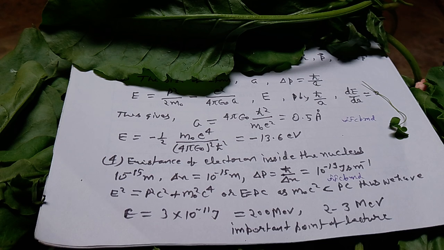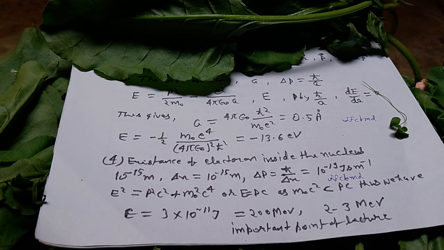The product of the uncertainties associated with these variables, that is delta x, delta p sub x, and delta E into delta t, is of the order of Planck's constant h, that is delta x into delta p sub x greater than or equal to h cut, or delta E into delta t greater than or equal to h cut. Next point: some of the notable consequences of the uncertainty principle are, first, the path of a particle is not defined in quantum physics.